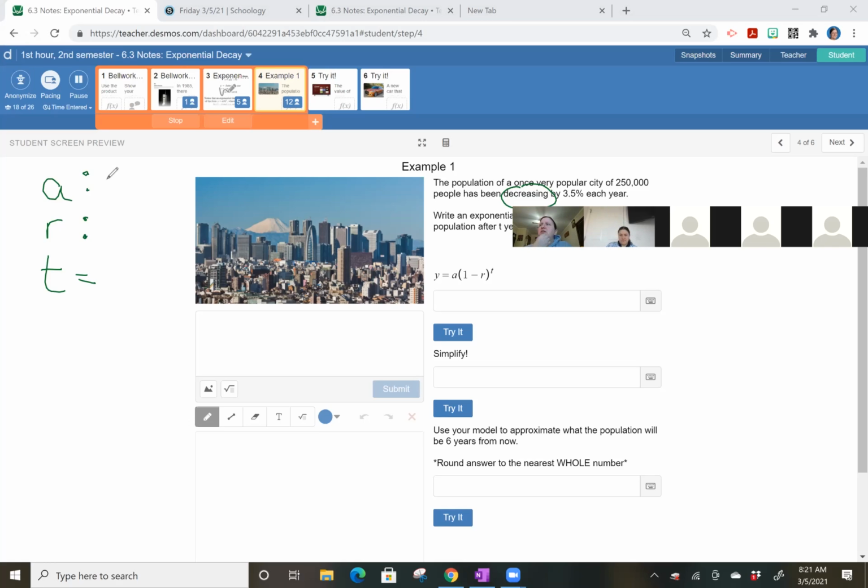What is the starting value? It's just 250,000. We can't have negative population. The only part that we're minusing is this minus R, and that comes later in it. So the starting population is 250,000.